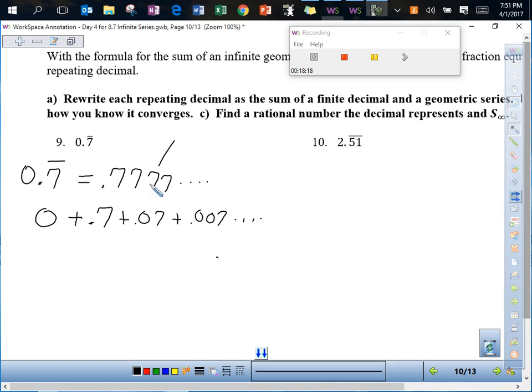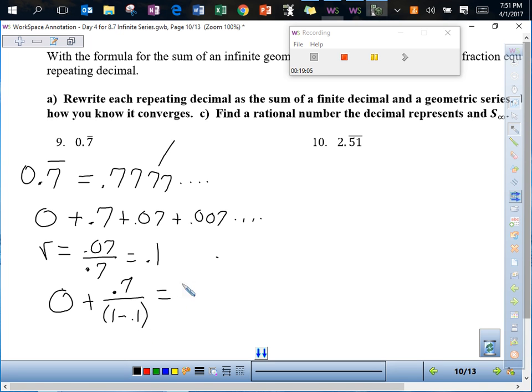Now guys, here's why I did this. My r value is going to be 0.07 divided by 0.7, which is 0.1. Now I'm going to take the number out front. So I'm going to have 0 plus g sub 1, which is 0.7, over 1 minus 0.1, my r value.